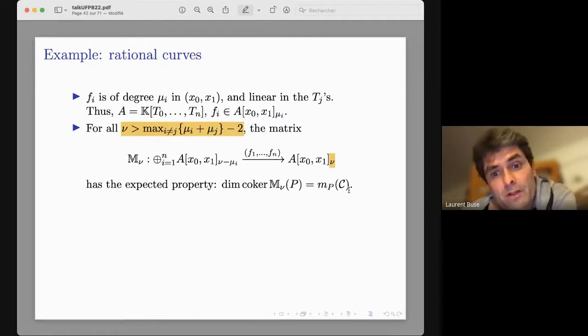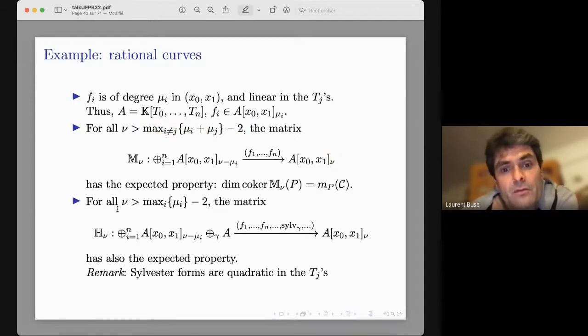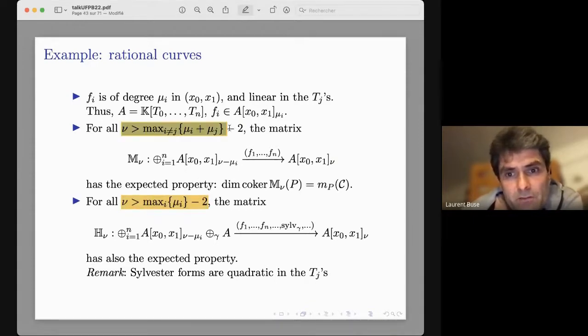But you can do better with the Sylvester forms. If you now consider the Sylvester forms, you can go in this degree, mu i minus 2, so you can compare with this one. But now you don't exactly consider the matrix M, but the matrix H. That is, you have the multiplication by F1 to Fn as before, but then you also add the Sylvester forms.